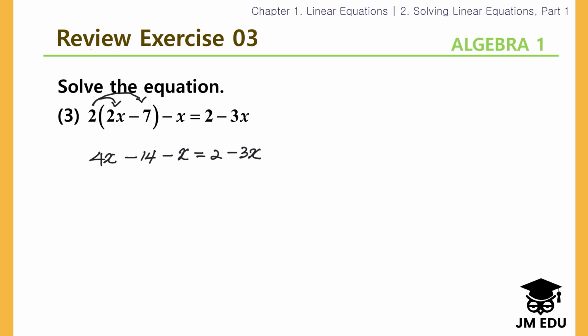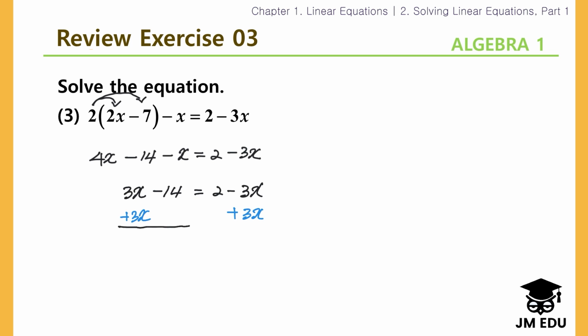The next step, if you look at the left hand side, we have like terms, x terms, right? So we'll have to simplify this first. 4x minus x, that's 3x, and we have minus 14, and right hand side 2 minus 3x. And what I'm going to do is eliminate that negative 3x on the right hand side by adding 3x to each side.